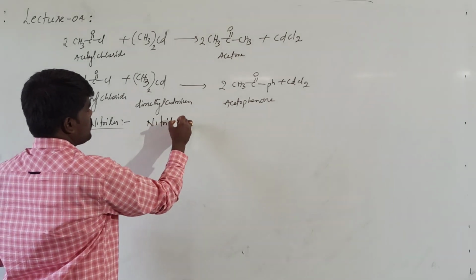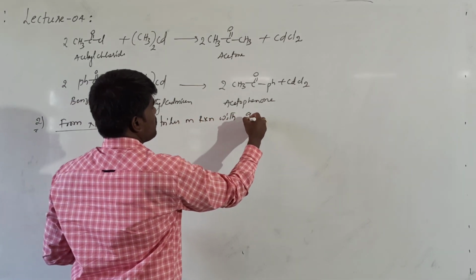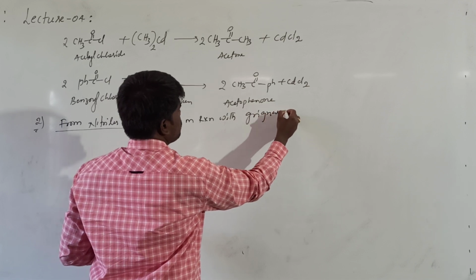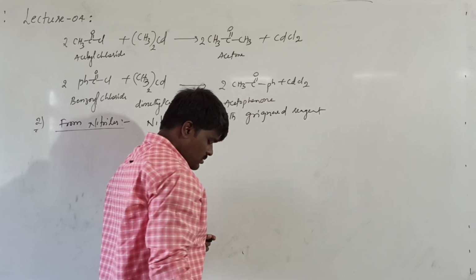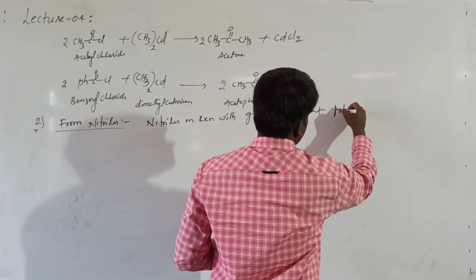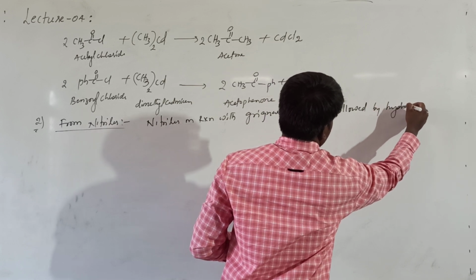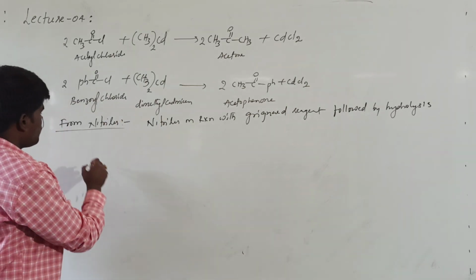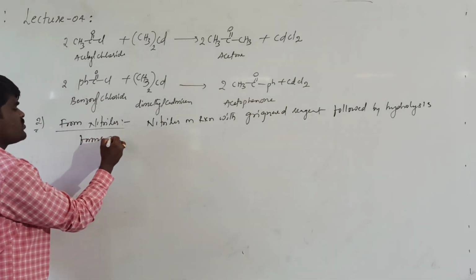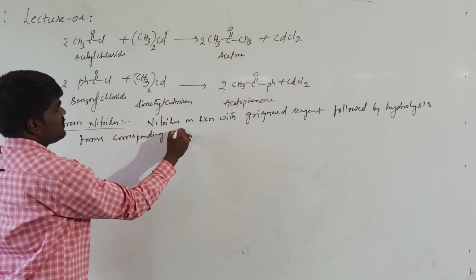Nitriles, on reaction with Grignard reagent, followed by hydrolysis, forms corresponding ketones.